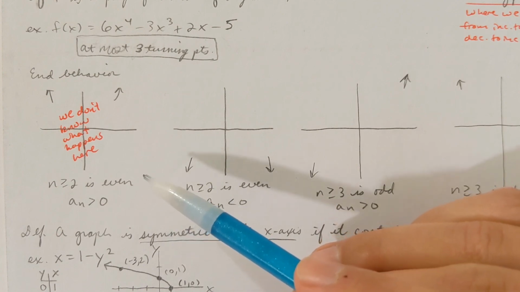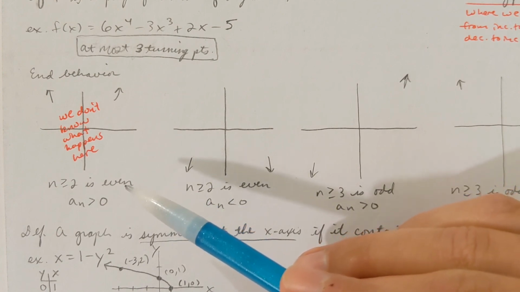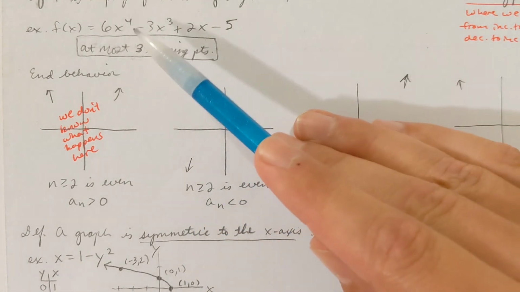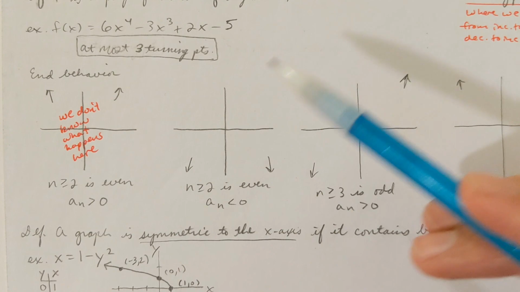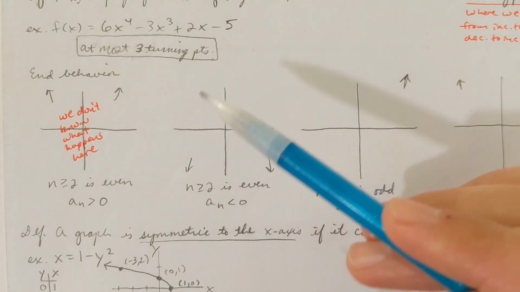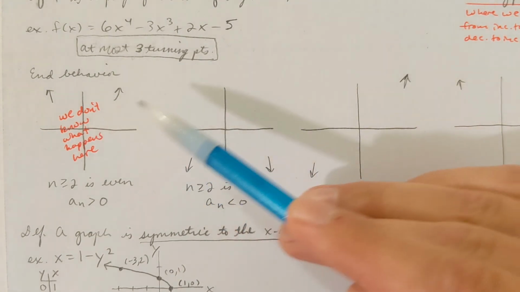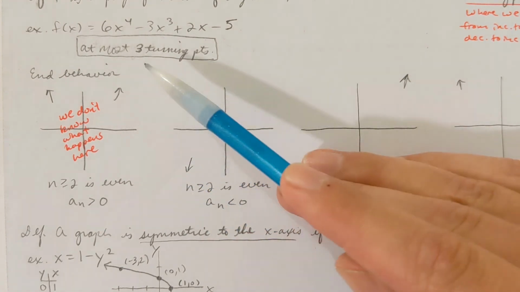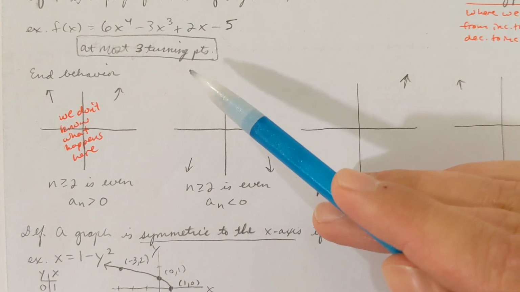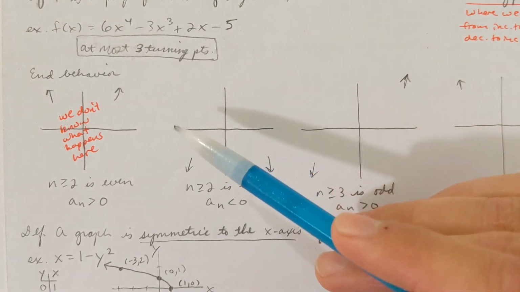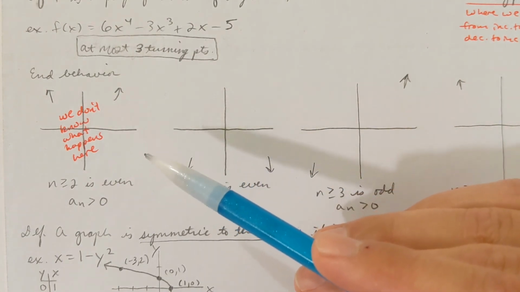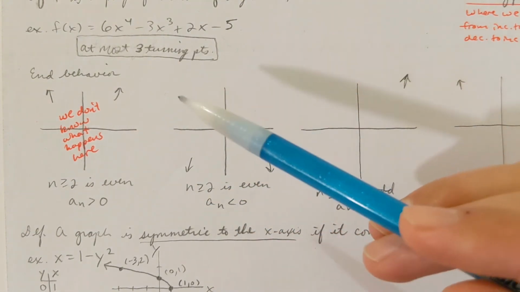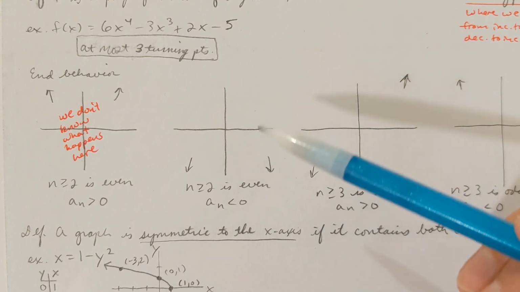If a sub n is positive, and n is greater than or equal to 2 and even, like it is here, then we will always have a situation where the graph is going to open up on both sides. Now I have no idea how many turns are in the middle here. There could be at most 3 turns, there could be at most 2 turns. I don't know that, because it depends. But I do know what the end behavior would look like.